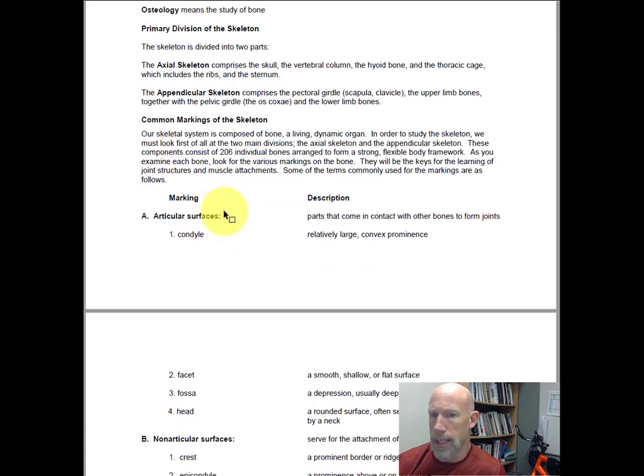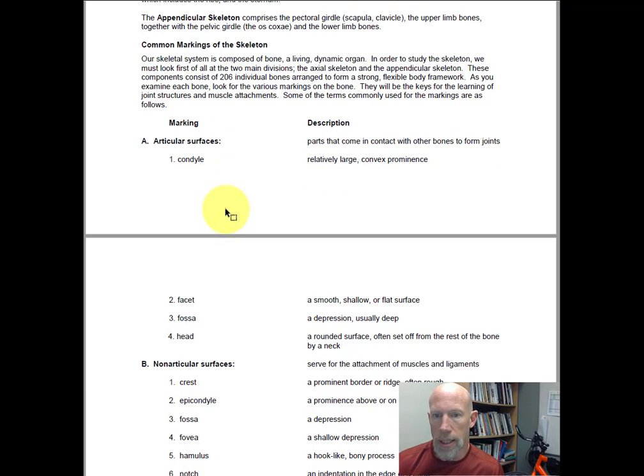Just note that the appendicular is essentially the limbs and the girdles that are attached to the rest of the body, the axial skeleton. That's the upper and the lower limbs, along with the pectoral girdle and the pelvic girdle. So essentially that's the appendicular skeleton.